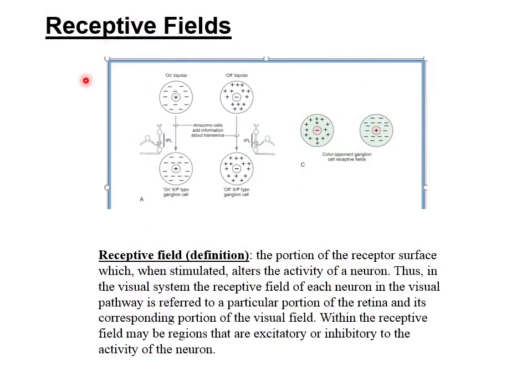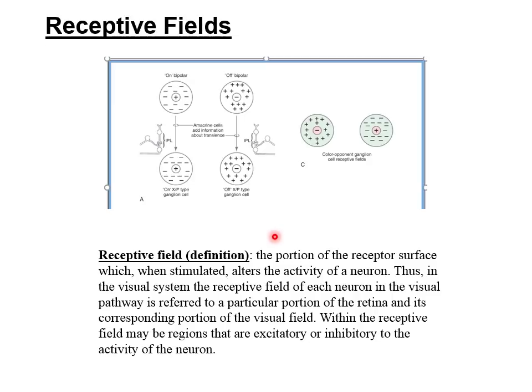Those cells at various levels of the visual pathway have receptive fields. That is, it's a portion of the receptor surface, in this case the retina, which when stimulated activates the neuron. In the visual system, every cell has a receptive field, as they do in every other sensory system.